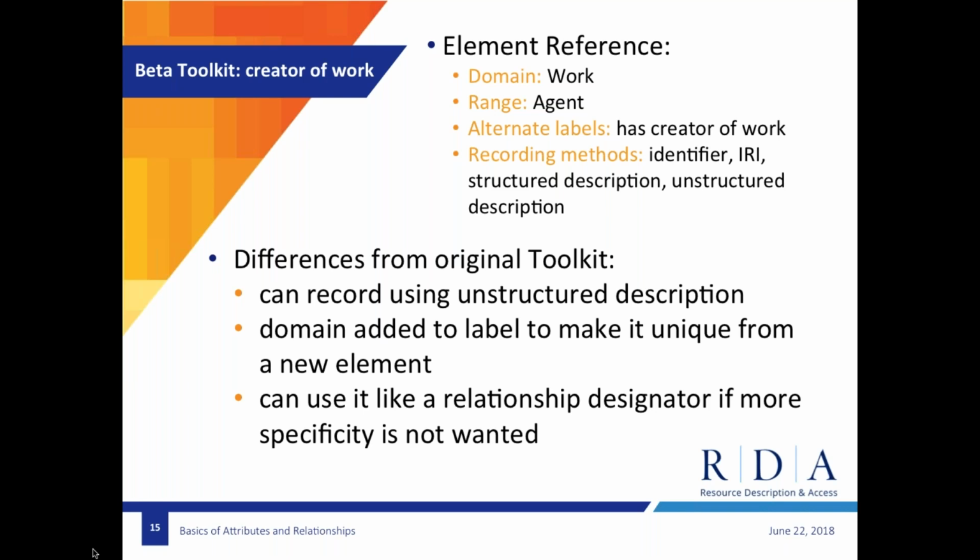The domain has been added to the label, so instead of creator, it's creator of work, and that's to make it unique from a new element. And it can be used like a relationship designator if more specificity is not wanted. So if I don't want to say author, if I just want to keep it at the level of creator of work, or perhaps I don't know what kind of creator I have, then I can do that.